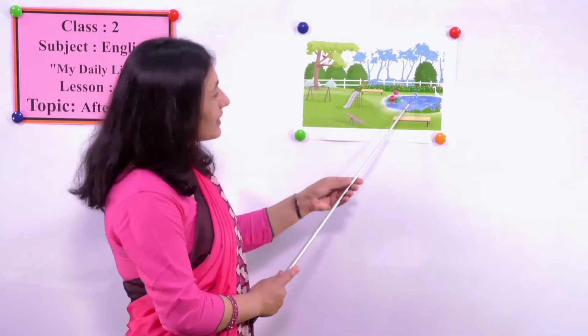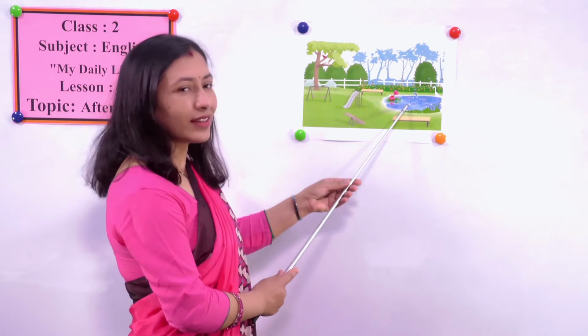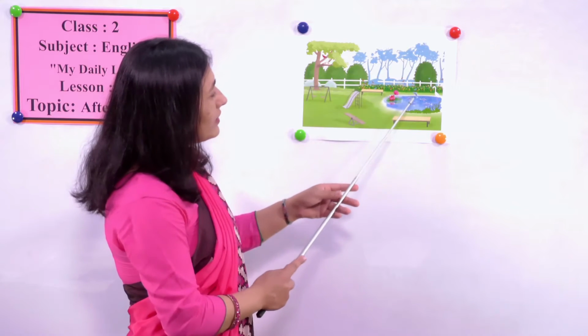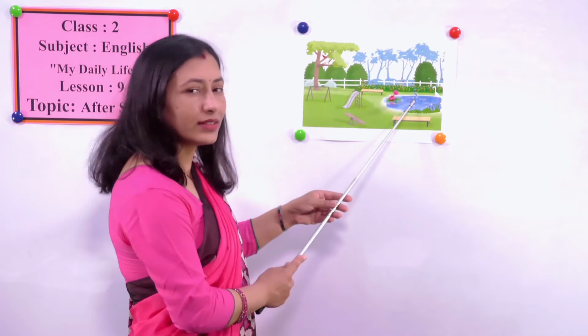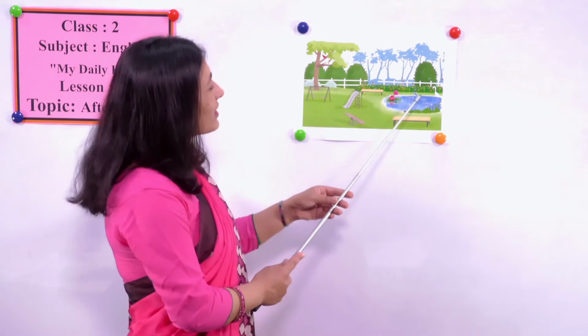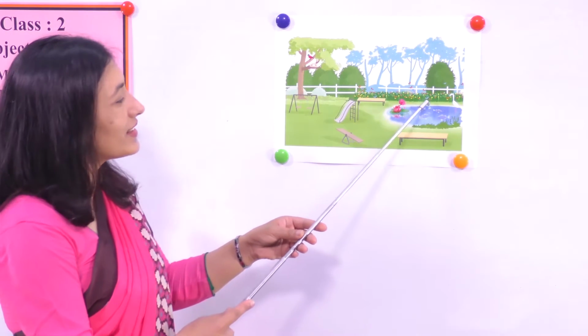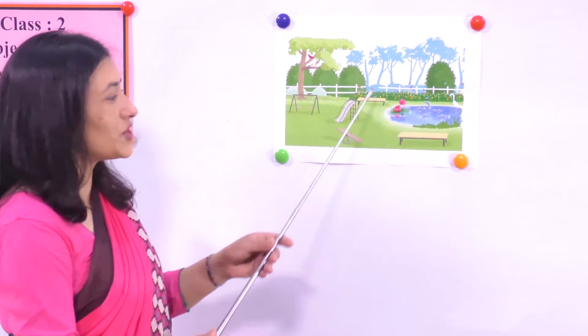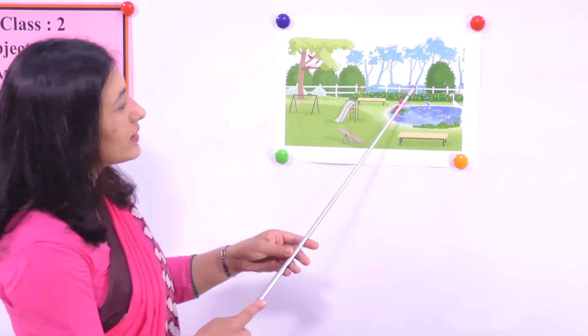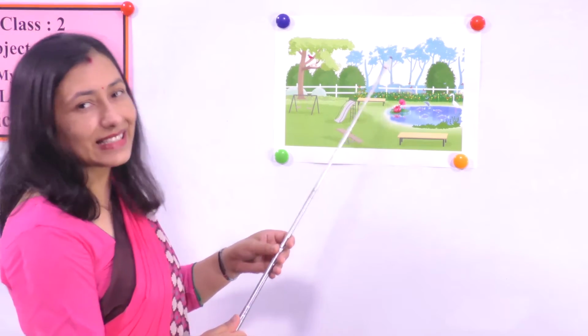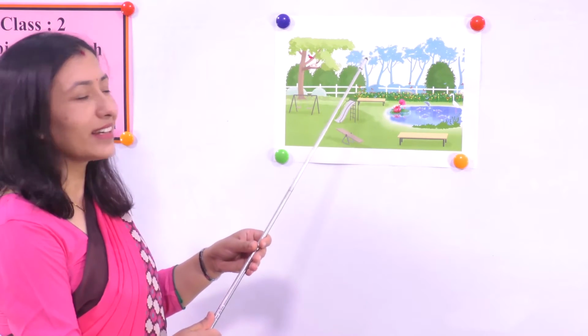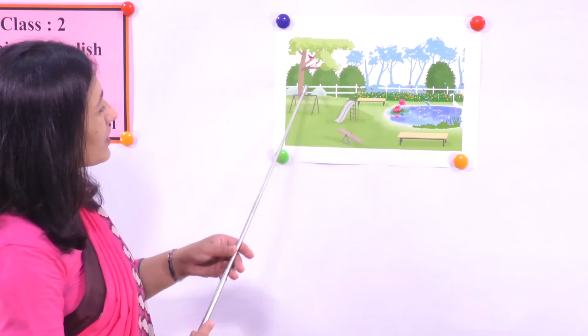Good. Pond. And what is there in the pond? Yes, fishes. You can see fish. And what is it? It's fins. Fins. And there are so many other things.